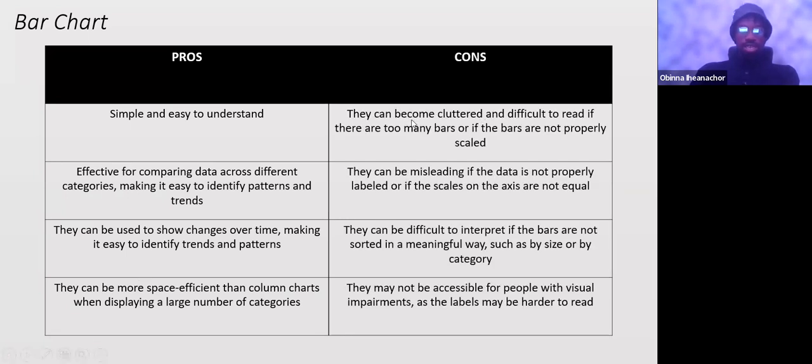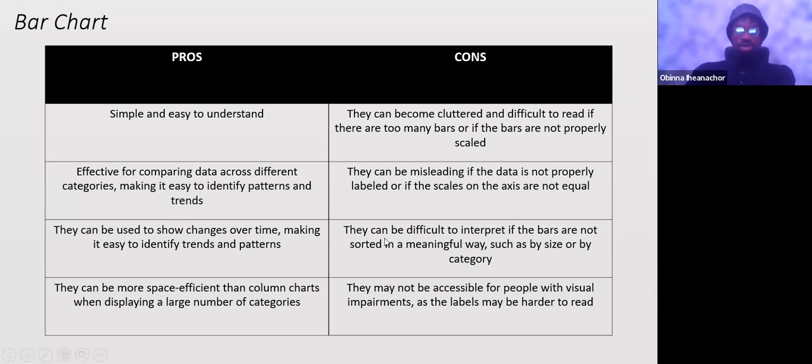Then the cons are it can become cluttered and difficult to read if you have too many bars. It can also be misleading. If you use the wrong kind of scale or wrong labeling, it can easily deceive people and mislead them. They won't really understand the data you're showing.